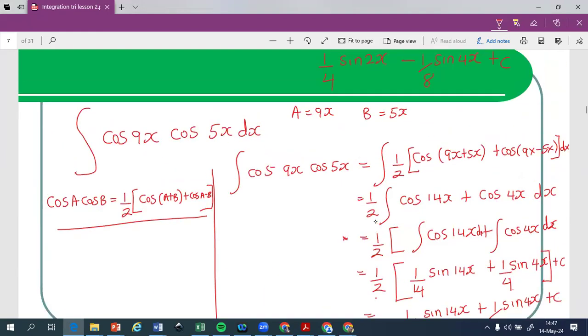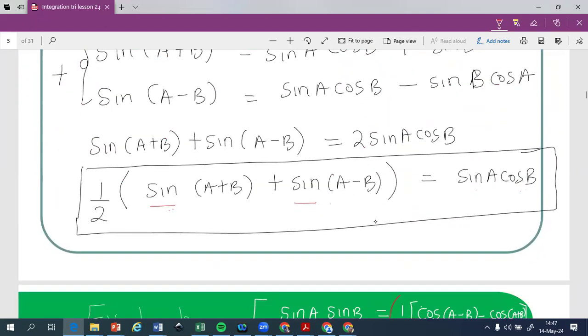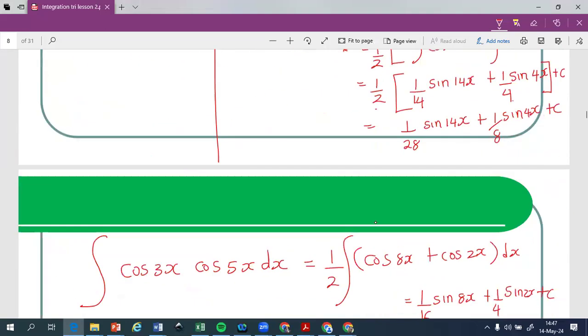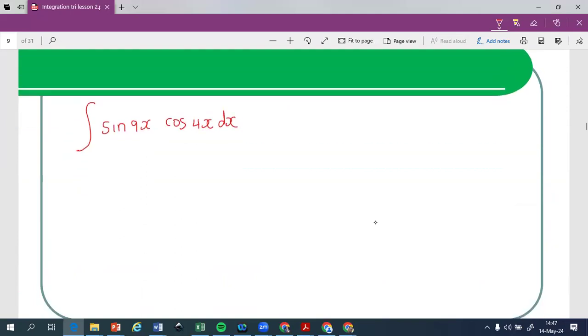So when you go back and check here, you can really take note that when you have a sine and a cos, you always use sine. And I've told you that for the big angle, make it your A to avoid working with negatives. So I'll say my A is 9x, my B is equal to 4x.